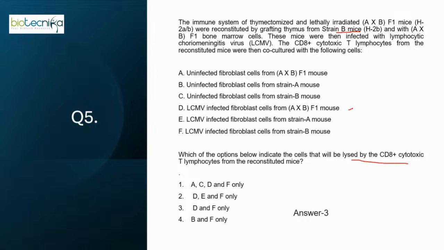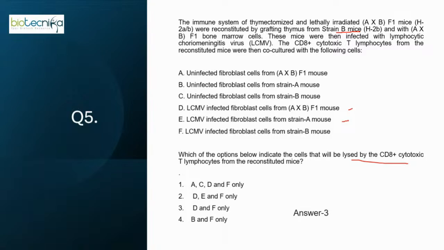Okay. Now next you have strain A infected fibroblast. All right. Strain A infected fibroblast. It has your H2A only, so no H2B, so it will not be lysed.